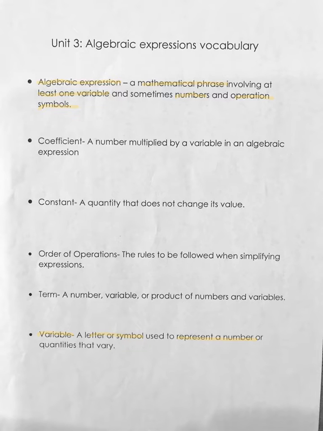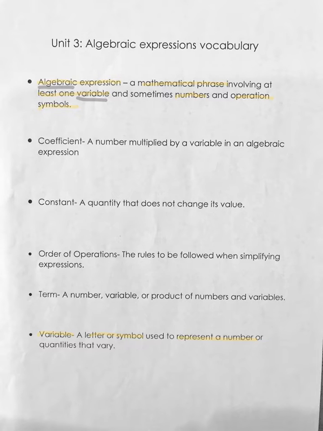The reason that we call it an algebraic expression versus just a mathematical expression is because it has a variable. So when we work with variables, we are working with expressions that have letters that represent numbers.